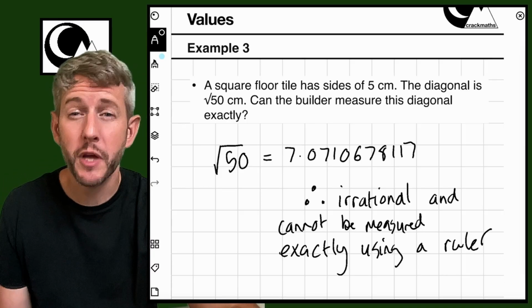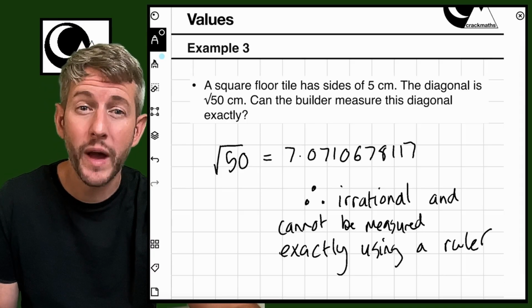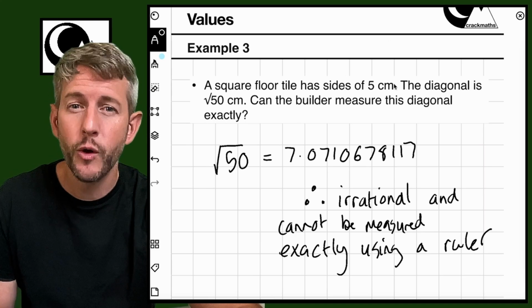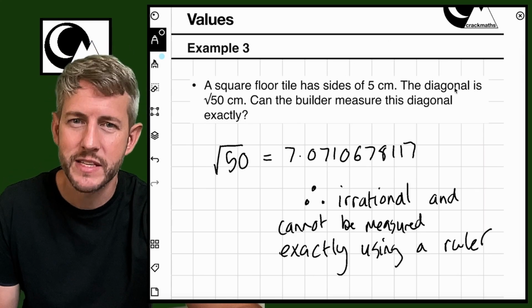I guess maybe with some kind of laser technology equipment, there could be a way of measuring this exactly. But largely, you're always going to have to round it, okay, because it's irrational.